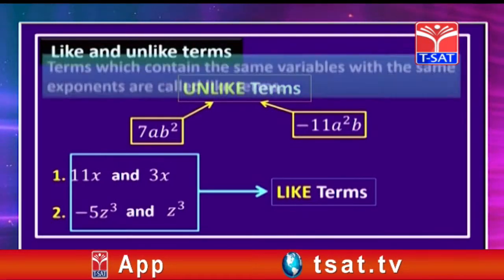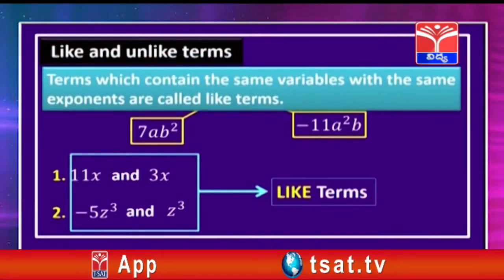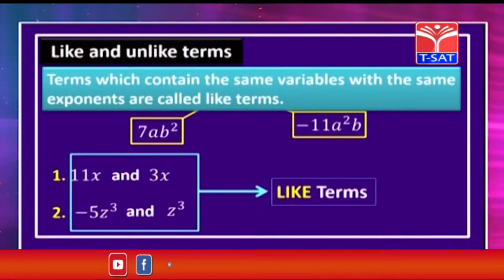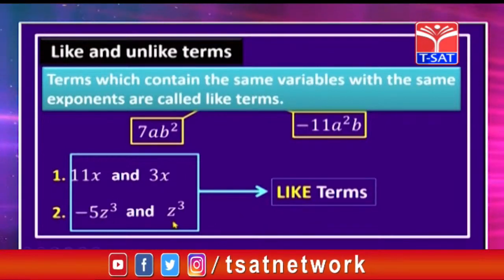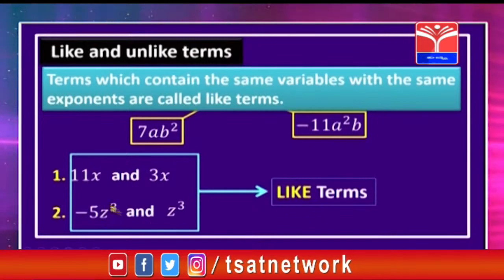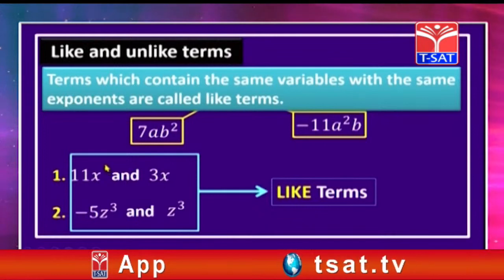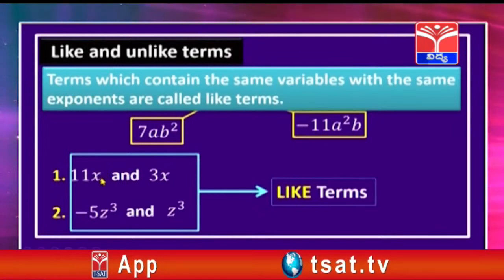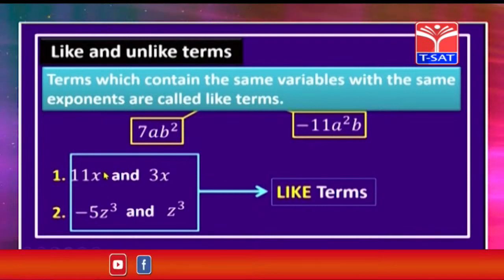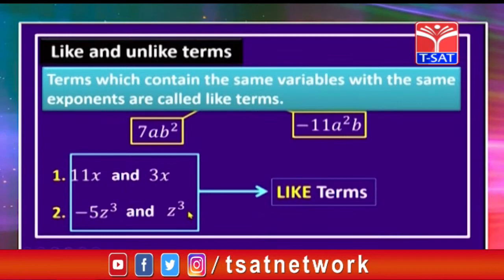Now let us see what is meant by like terms. So terms which contain the same variables with the same exponents are called like terms. So if you notice these two, they contain the same variable with the same exponents, see 3 and 3, and here also the same variable and exponent. When nothing is there, only x is there, that means the exponent is 1 here. Here also the exponent is 1. So such terms are called like terms.